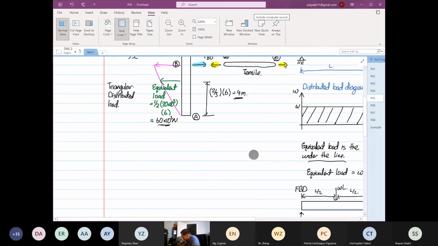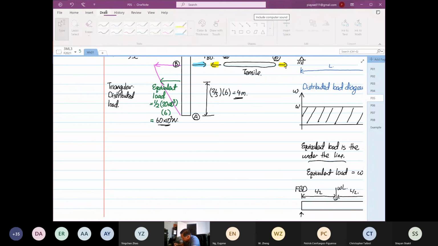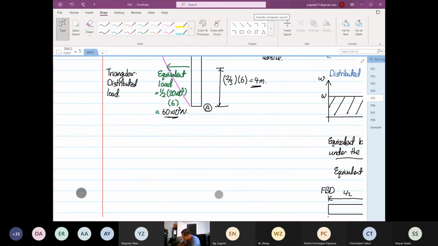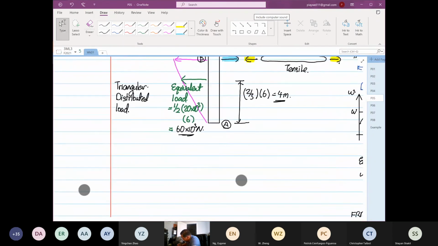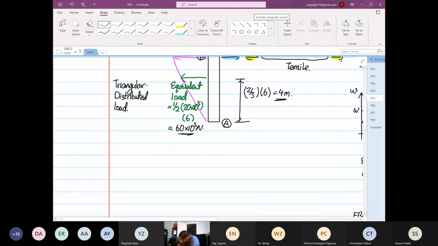Now before we go on, the question did mention that member ABC is a rigid body.